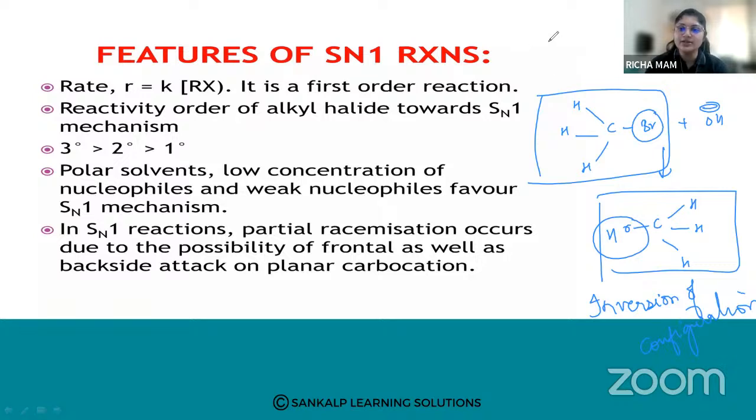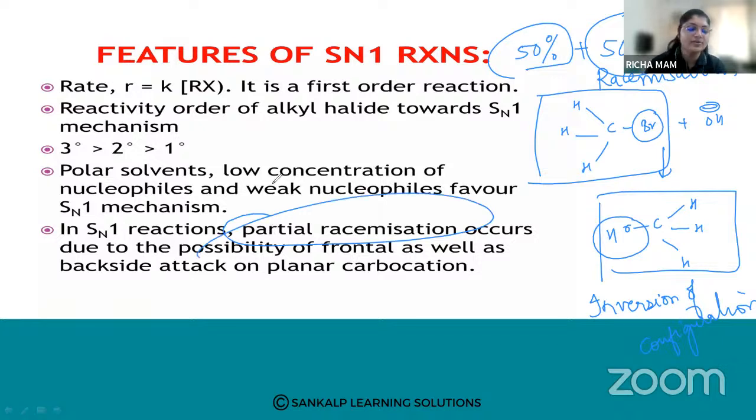When you have 50% retention of configuration and 50% inversion of configuration, a 50-50 mixture of both products A and B will be formed, and this process is called racemization. That is a racemic mixture. So in the SN1 mechanism, partial racemization is possible.